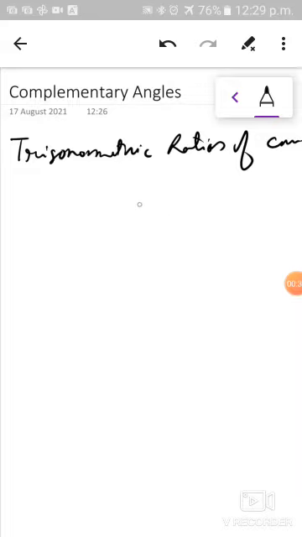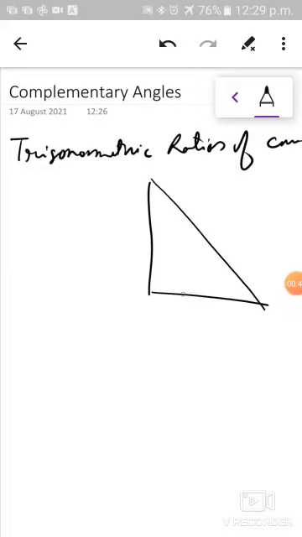Let us consider a right angle triangle, triangle ABC, which is right angled at B. Here angle B is 90 degrees.